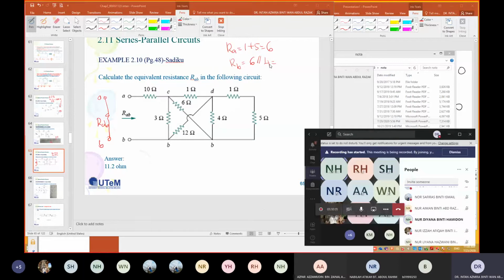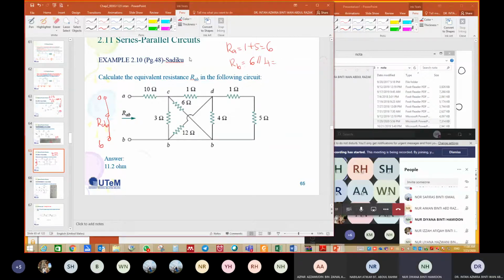6 parallel with 4 you get? 2.4. Again? 2.4. Right? Yes. 2.4. Okay. And then 2.4 is here. Okay, now you can redraw. 3.